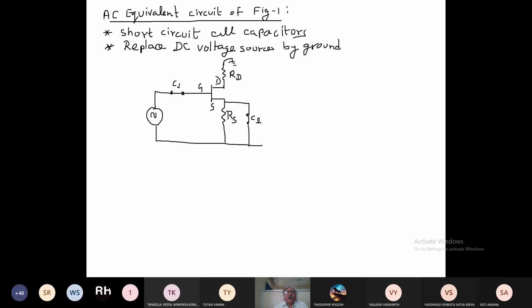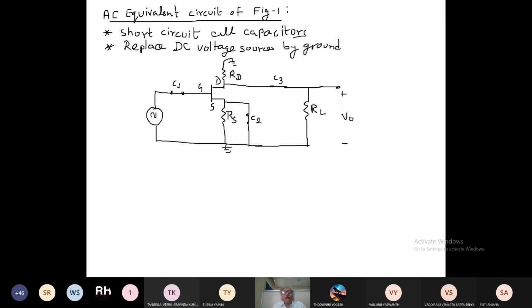Right? And here we are having coupling capacitor C1, C3. This is short circuit, and here we are having load RL, and we are taking output across this RL. This is V out. This source is ground, right?